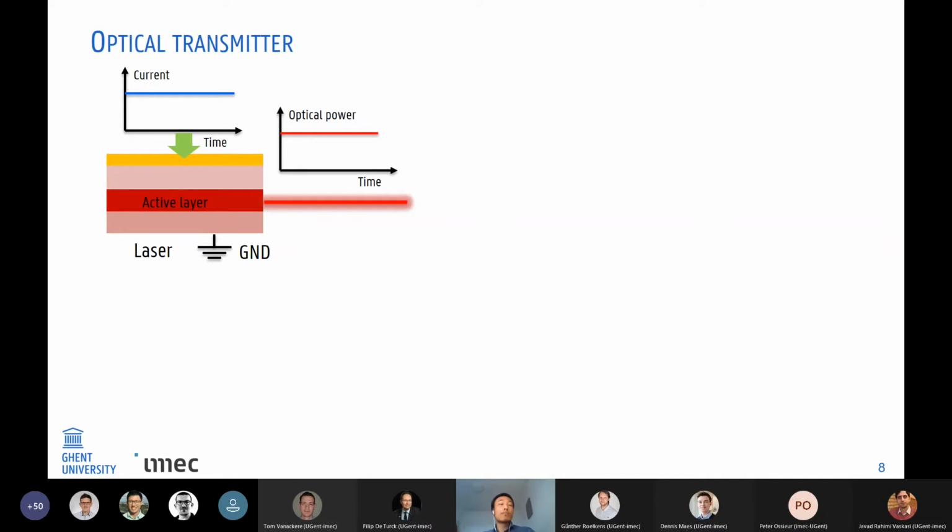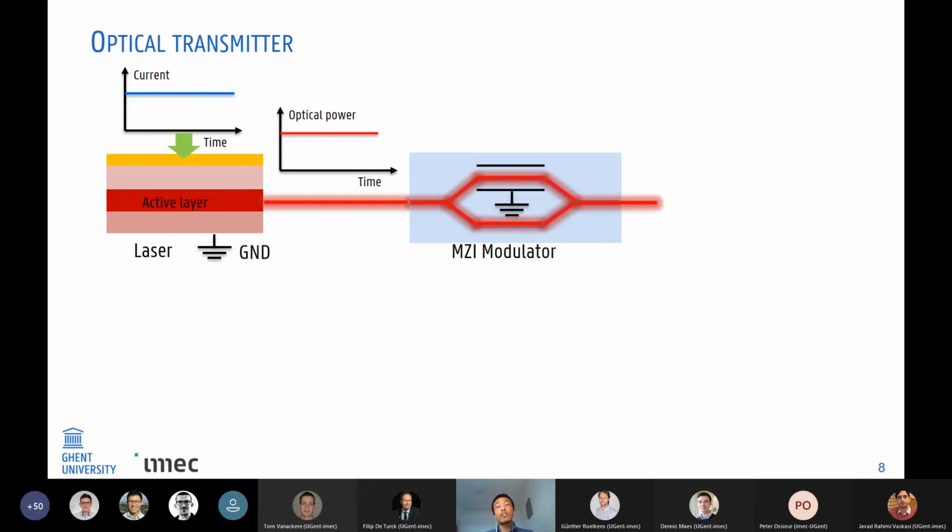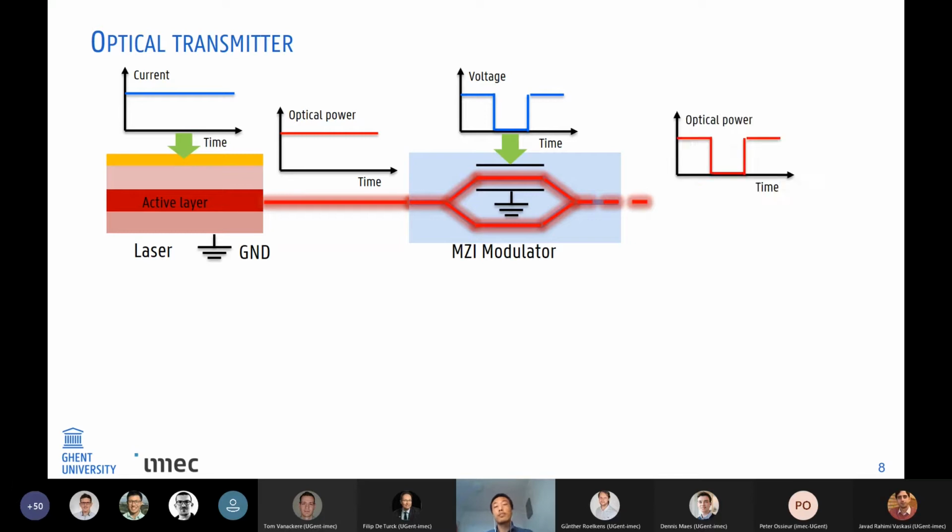So with a laser, how can we make a transmitter? If we have a bias current, with bias active devices, it generates light. The power is consistent, and then we need a modulator. If we apply the alternating voltage onto this modulator, the output power will be modulated.